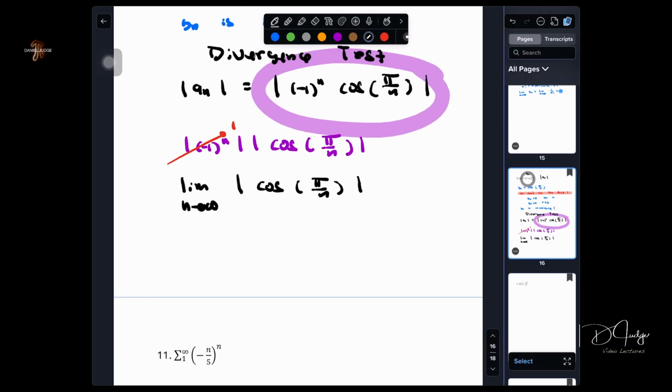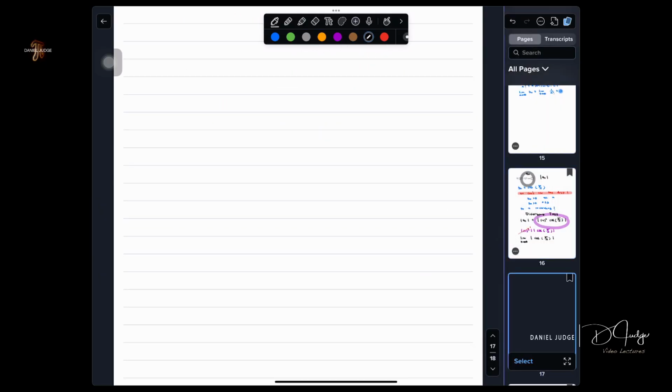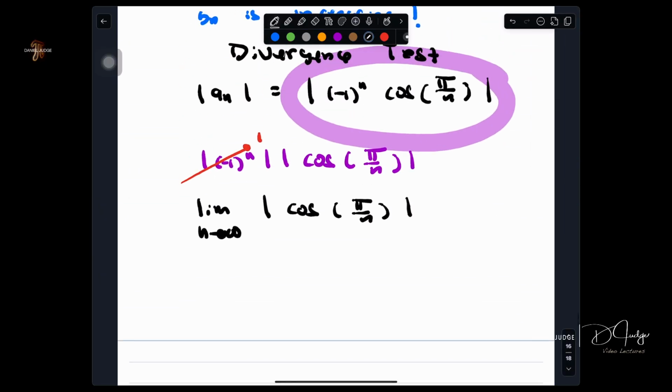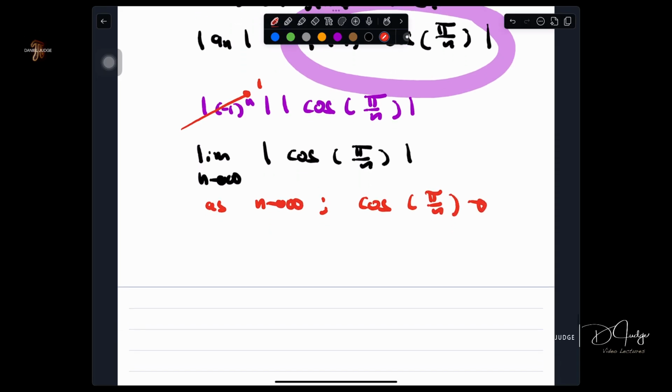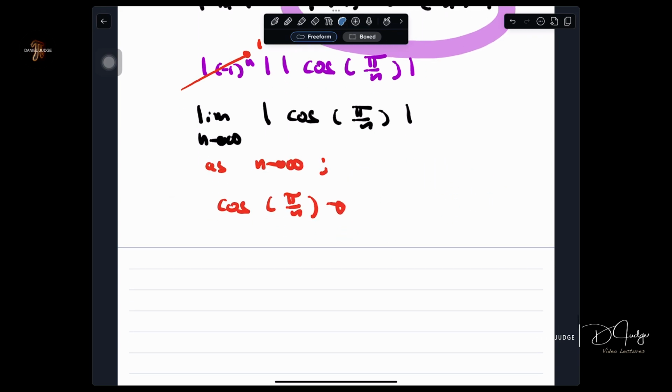So let's think about this here. What do we know? As n goes to infinity, cosine pi over n goes to cosine of 0, because pi over n will go to 0.